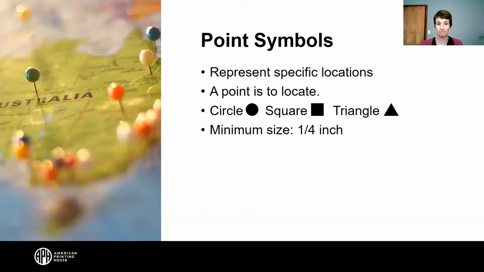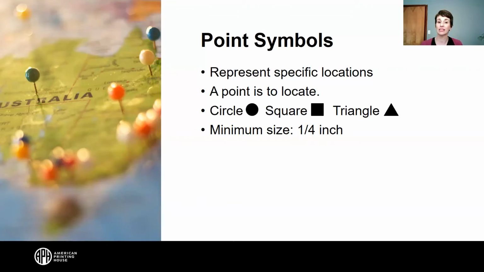Point symbols represent specific locations, like a city or a point on a graph. A point is to locate. So it needs to be easily found in the middle of a texture. This means the point symbol will most likely need to be at a higher level or have more significant white space in electronic drawing to be located easily.